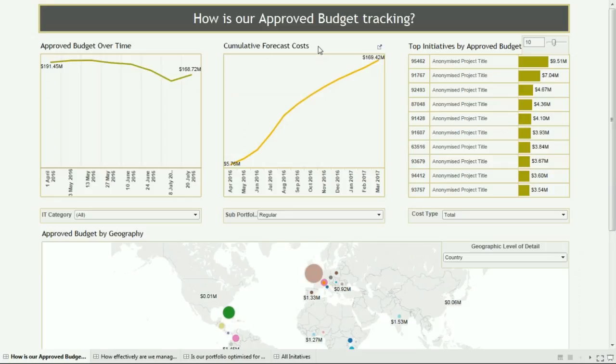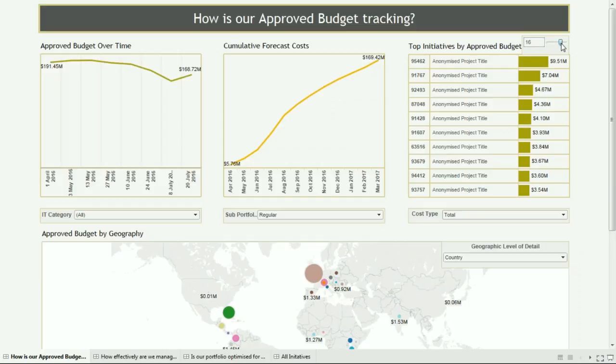The second graph here is a snapshot of our forecasting profile throughout the year. Obviously, it isn't linear. We're effectively spending slightly less in the first few months, looking to spend more towards the third and fourth quarters of the year. On the right-hand side at the top, we've got our top initiatives ordered by approved budget.